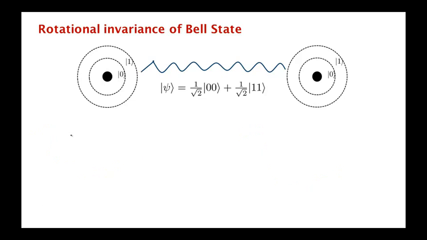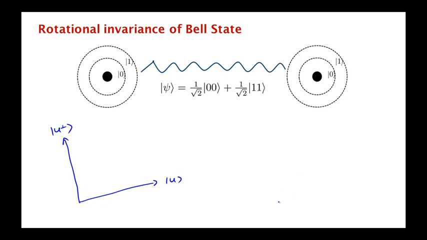So now, let's try to understand this a little more. Let's see how well we understand this. So let's say that we make a measurement on this first qubit in some arbitrary basis u, u perp. And now we pick a different basis.